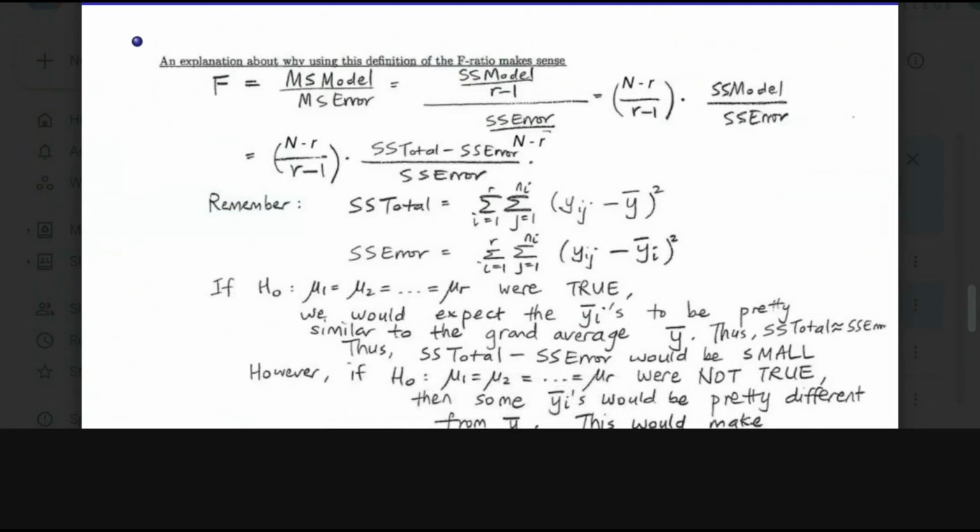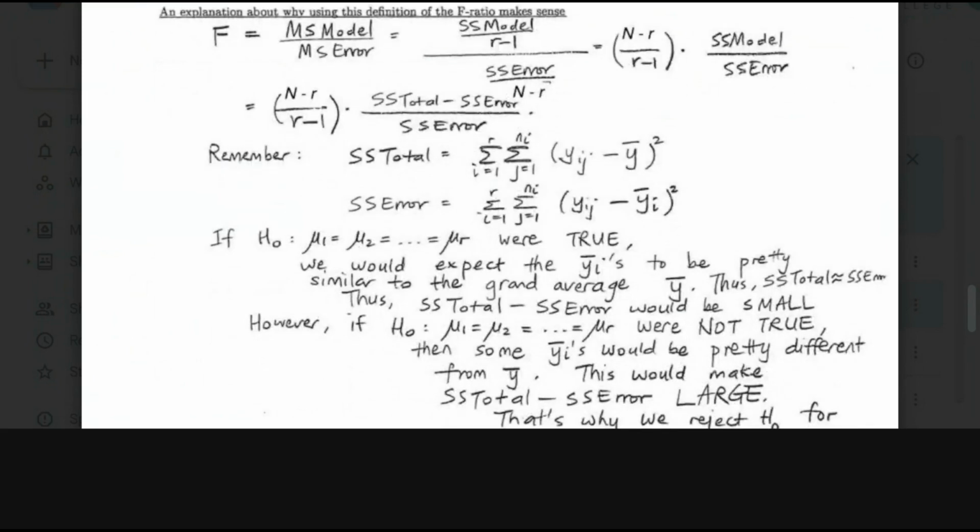So an explanation for why this makes sense. So I deconstruct these things and I'll go through this argument slowly. First of all, what am I writing here? The F statistic is the model MS over the residual MS. So taking all the constants outside, I have this thing.